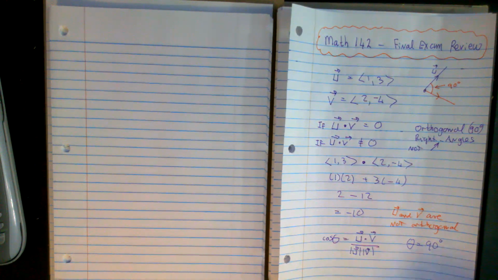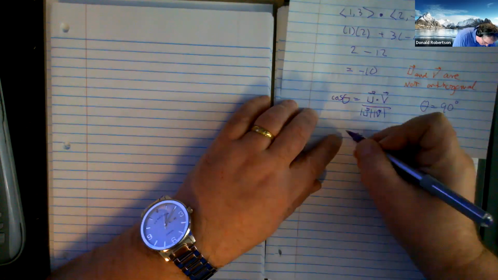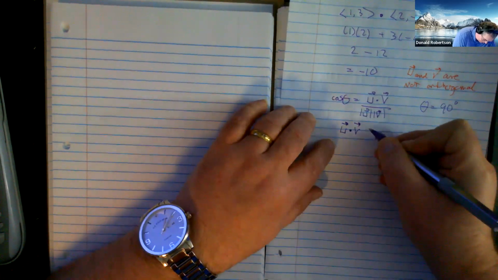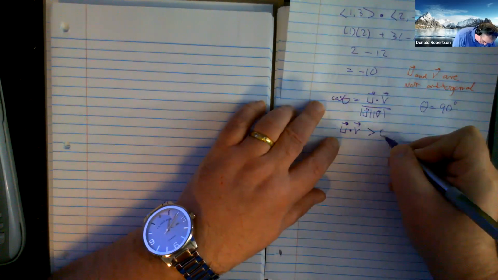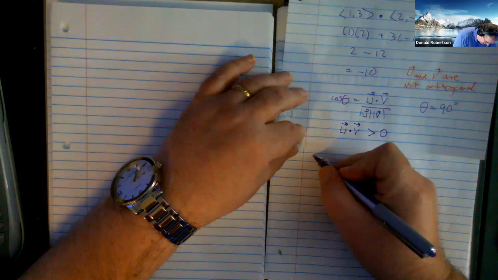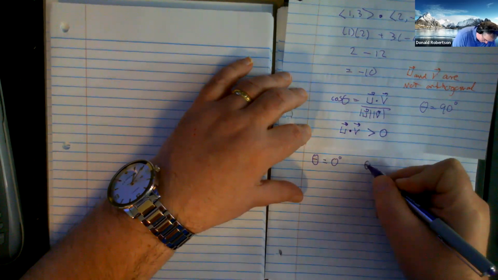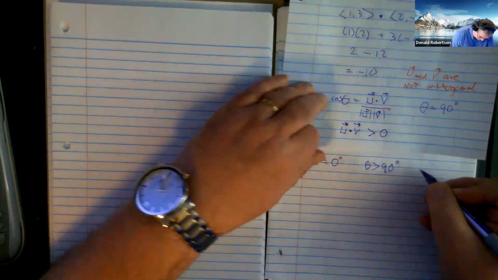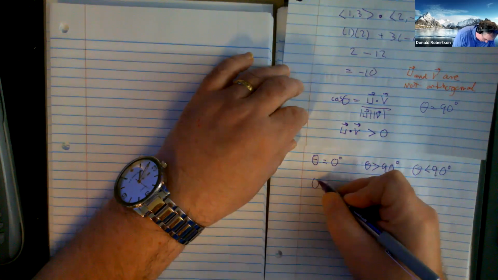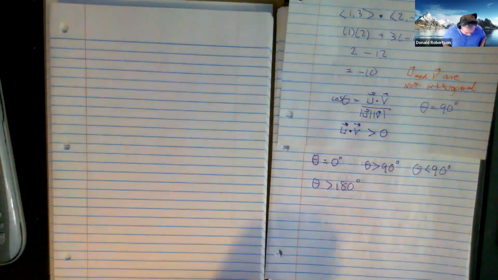Okay. Connected to that, imagine I gave you a multiple choice question that looked like this. The dot product is greater than 0. That's all you're told. Is the angle between them 0, bigger than 90, less than 90, and I guess greater than 180, which is a bit stupid, but I'm putting it in because I can't think anything else.